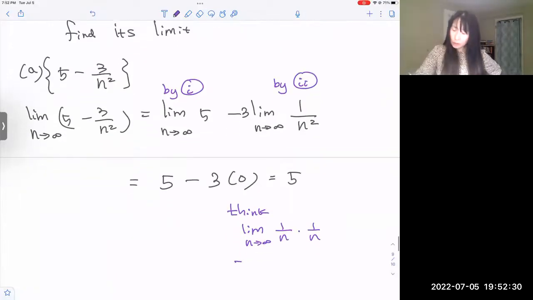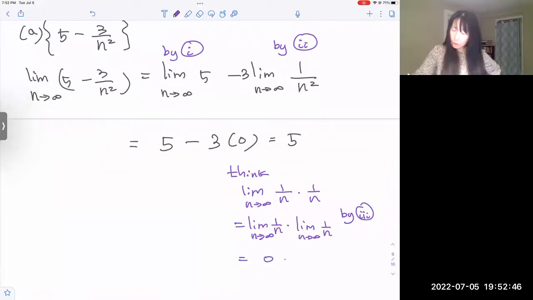That is multiplication, by number 3, right? So we can split one multiplication and another one. Then we get 0 times 0, which is 0. You might think that way, okay?